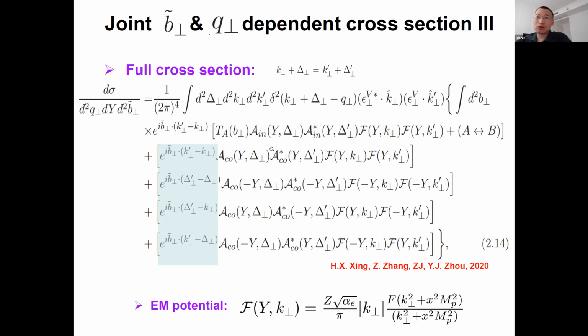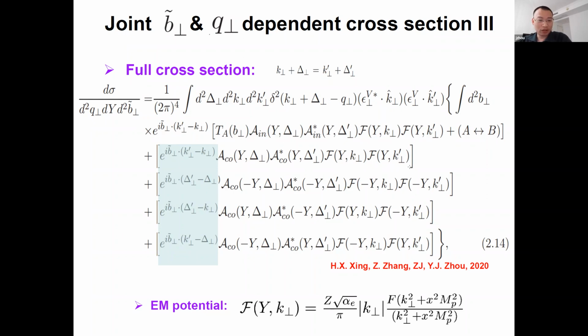And A represents, this contains a lot of contributions, like the photon wave function, dipole amplitude, and the vector meson wave function, etc. So since we keep the b_perp tilde fixed here, the transverse momentum carried by these coherent photons in the amplitude and in the conjugate amplitude are no longer the same.